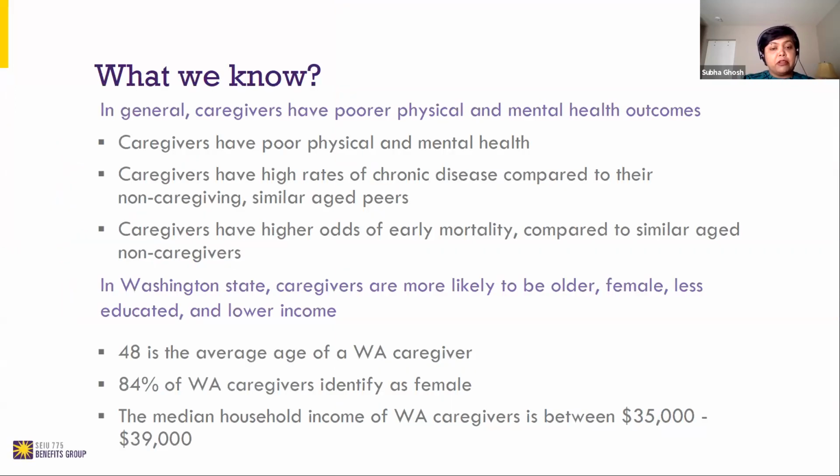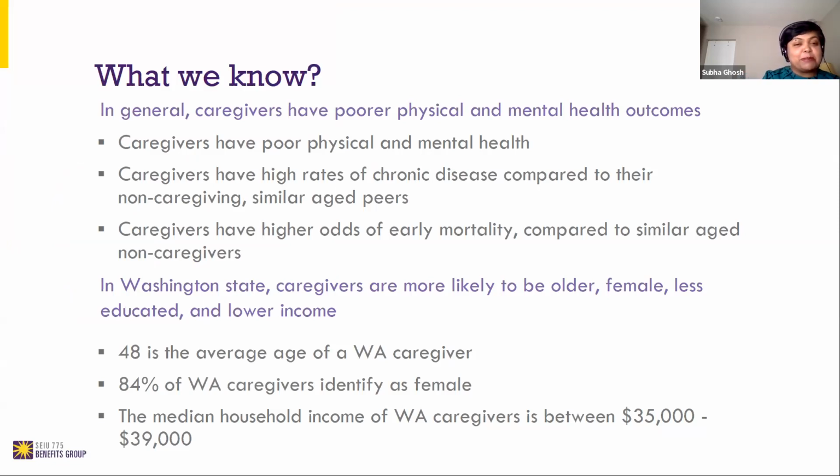And SEIU 775 Benefits Group is one of the largest organizations in the country to support home care aides by providing them with health, education, and retirement benefits. And also to briefly say that most of the Washington home care aides, and that's the data I'll be talking about, are socioeconomically disadvantaged in terms of the fact that, okay, I move to the next slide.